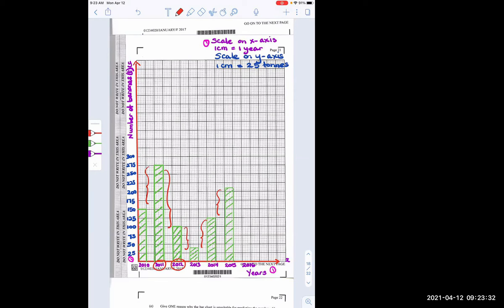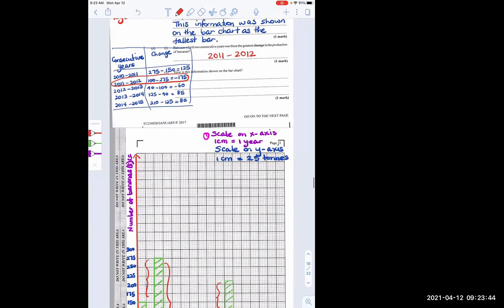those were the 2 consecutive years that showed the greatest change in bananas. So it was represented by, and we will write, the difference in respective heights of 2 consecutive years.